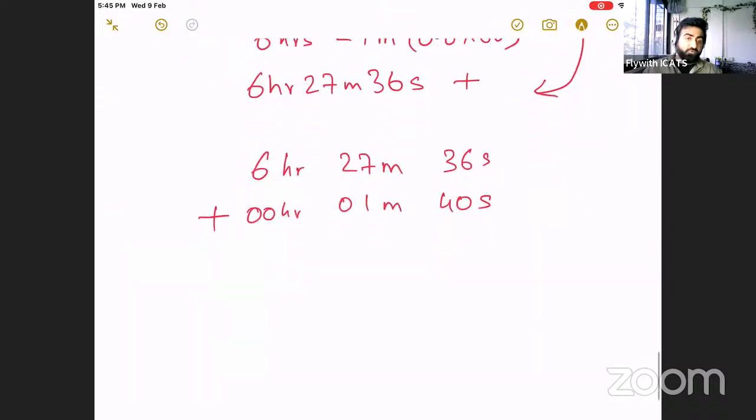Now this is what I want you all to see nicely, because we are going to carry forward. Instead of a base of 10, we are going to carry forward minutes, seconds and hours. So 6 plus 0 gives me 6. 3 plus 4 gives me 7. Now 76 seconds cannot be a value, because 60 seconds make up 1 minute.